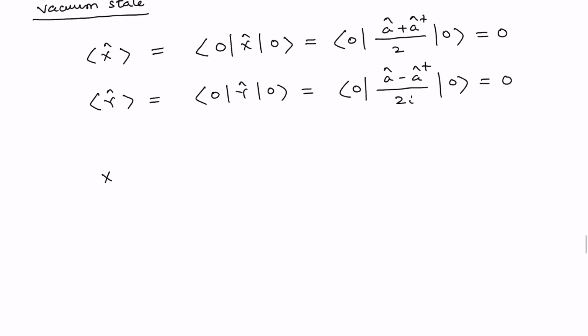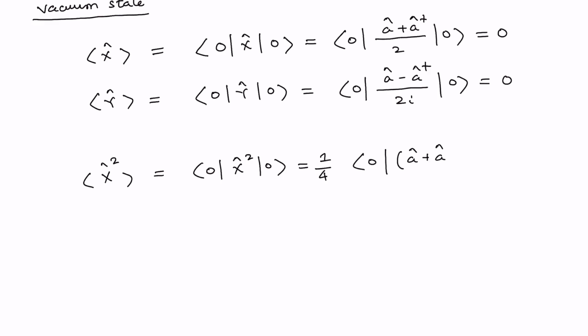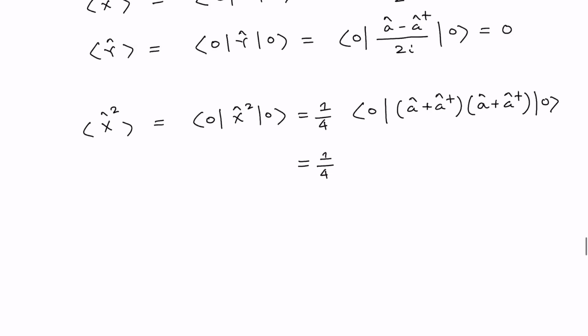And you can now calculate x square in the vacuum state, and you will have to calculate this particular quantity, and if you do that, you are going to get 1/4 <0|(a + a†)(a + a†)|0>. This time you are not going to get 0, rather you are going to get this finite quantity 1/4.